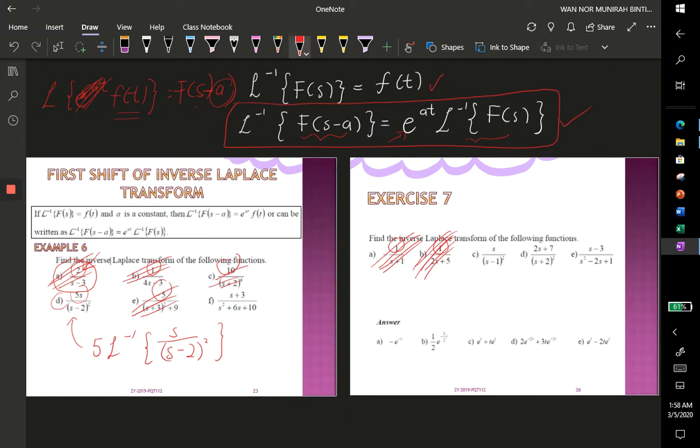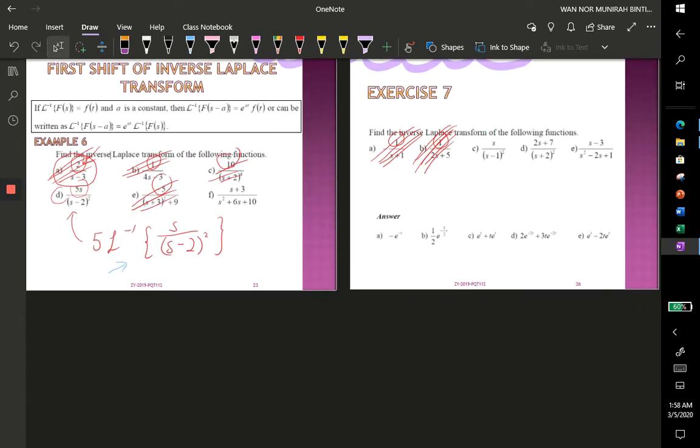But if you read this function, I can see that this is F(s), but this s is replaced by s minus a. Each time I have s, this s is replaced by s minus a. If you look at this function, you will find that my a here is 2. Compare s minus a with s minus 2, so that a equals 2.